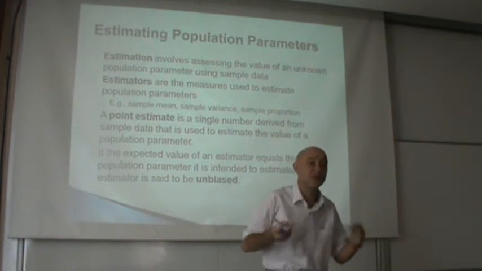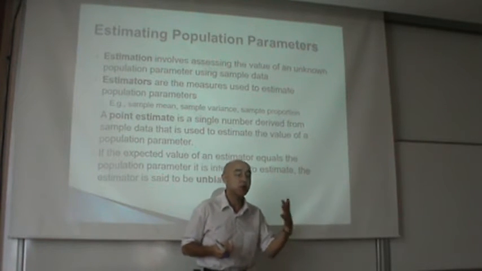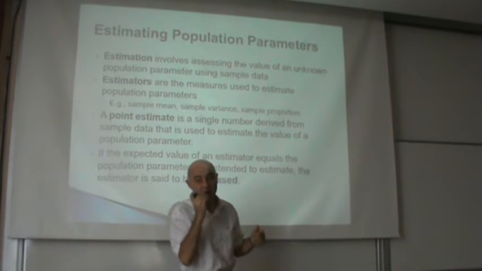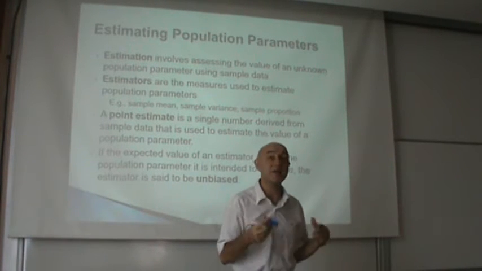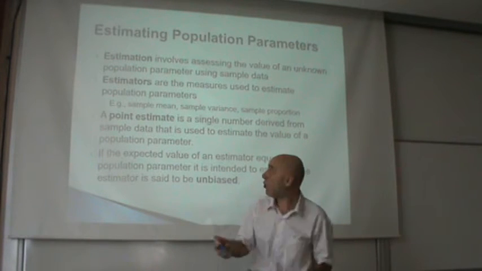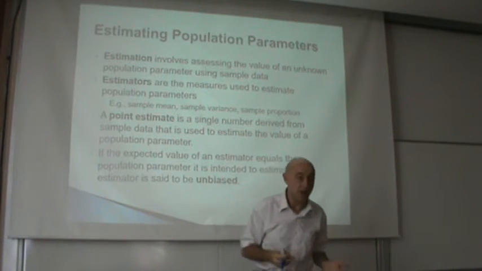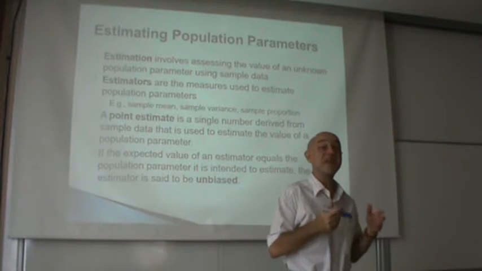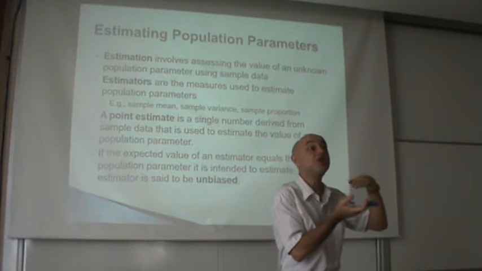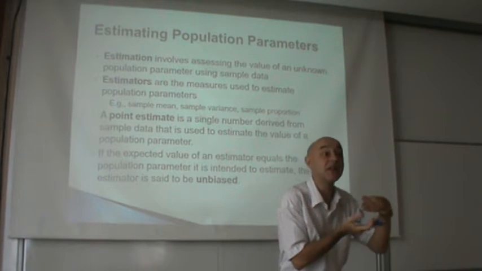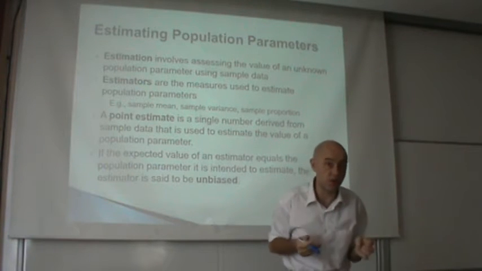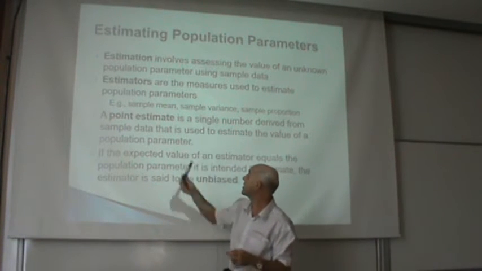Let's say a simple number. 20% of students have high blood pressure. Or another point estimate: 30% of students arrive to school with a car. Or another type of point estimate will be 15% of students have A grades or GPA 3.5 and above. Okay. In other words, how many excellent students you got. So that's a point estimate.